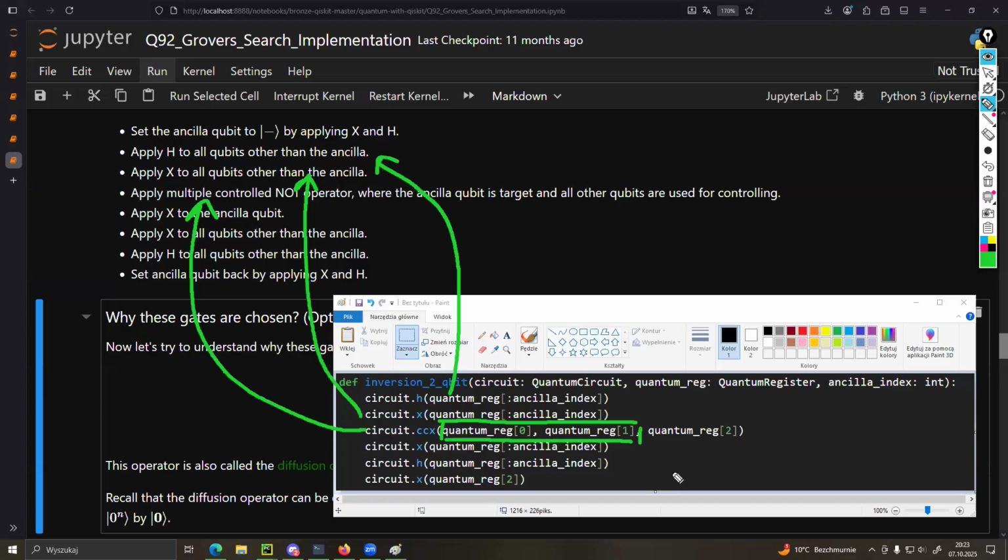In general, it means on the qubits that represent our solution space, right? There will be more of them. That is why the wording is: ancilla qubit is target and all other qubits are used for controlling. So notice this, set ancilla qubit to -1. So we invert the phase.